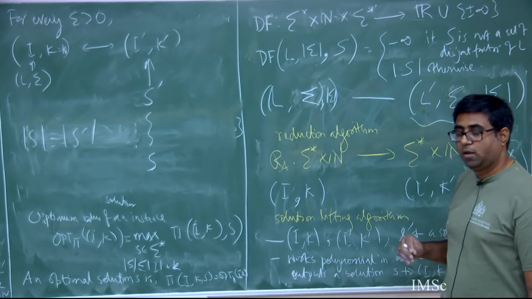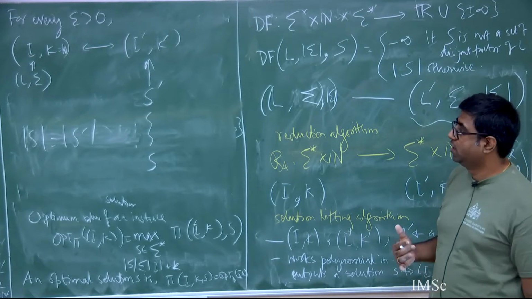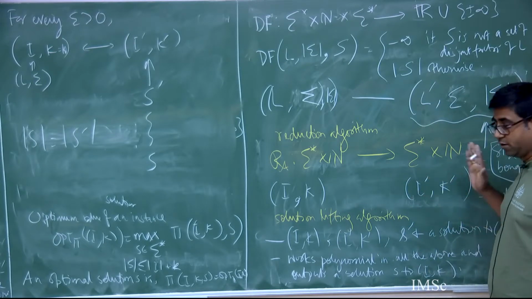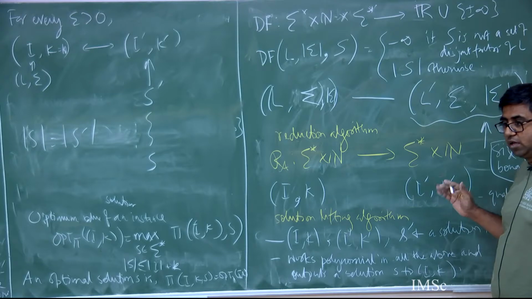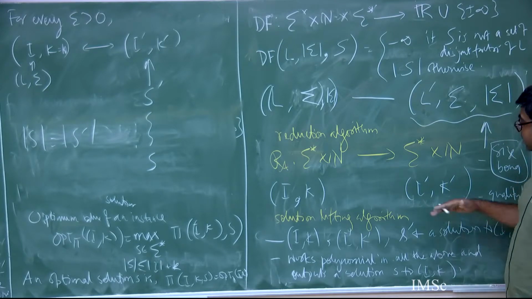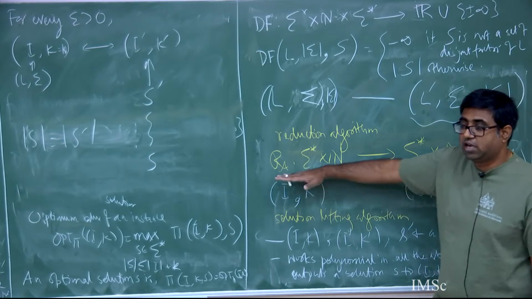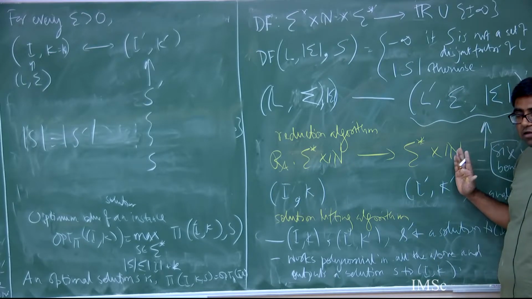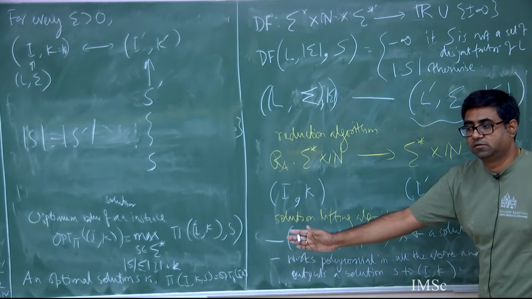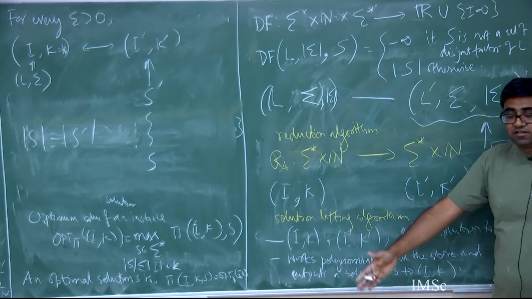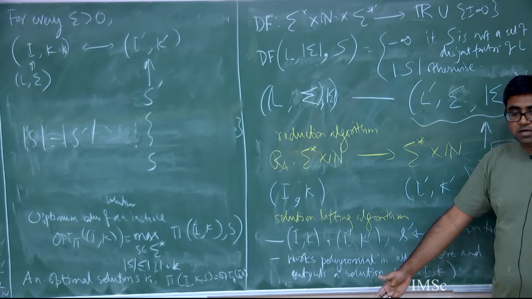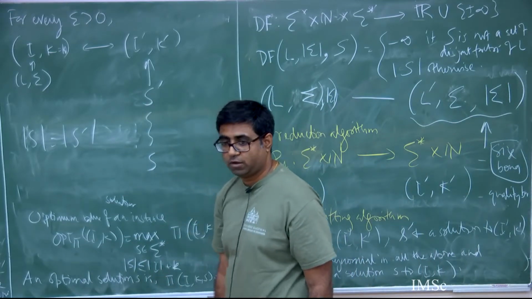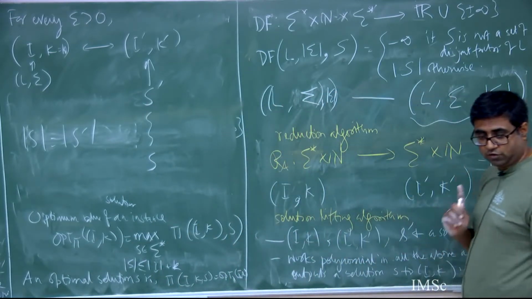What I mean is that when I went for the reduction, there itself I lost a fraction of the optimum. So even if you give me an exact solution there, I will not be able to return too much to the original instance.